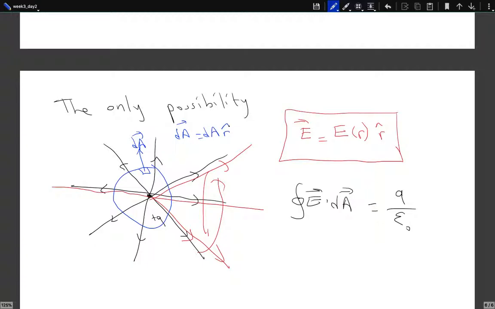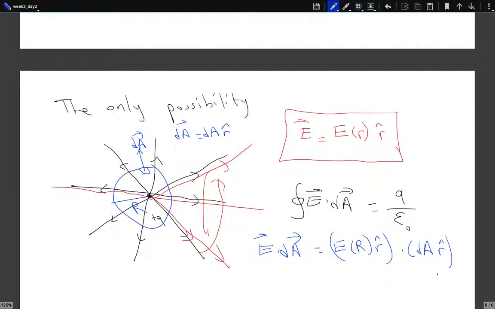Let's say that the radius of the sphere is capital R. E dot dA on the surface of my sphere will be the magnitude of the electric field. At every point on the sphere, the radial distance is just capital R. So the electric field magnitude at a distance capital R times R hat, scalar product with the dA vector.